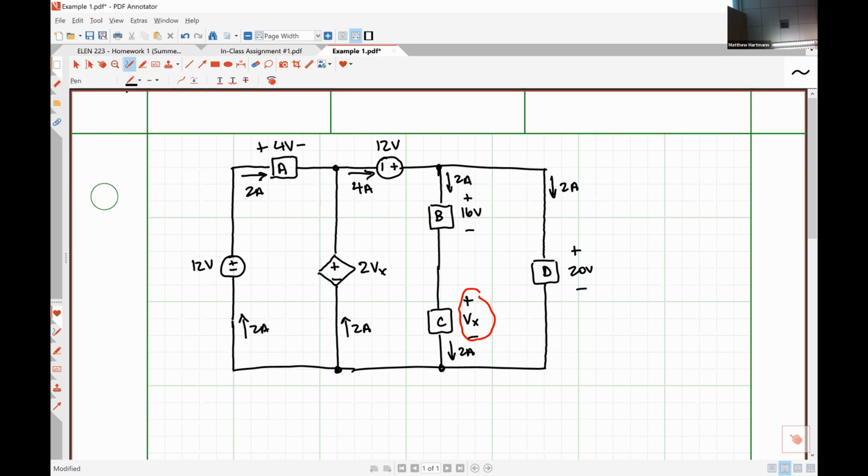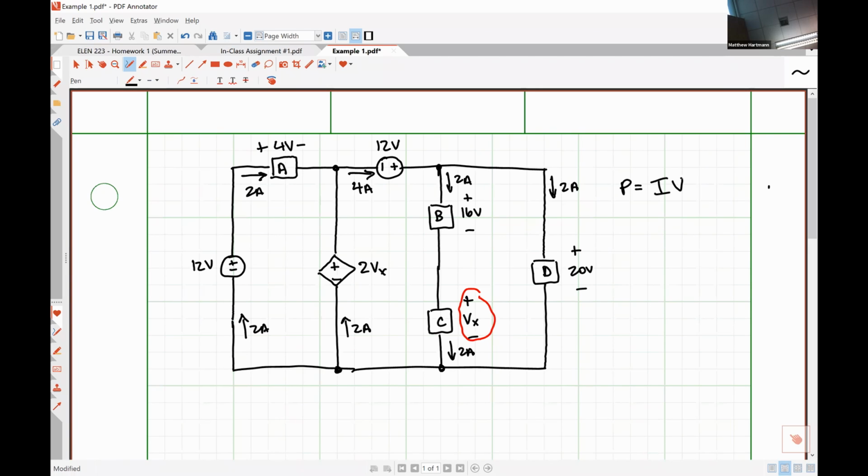So the power is by definition I times V, right? Because we want absorbed power, what we're specifically going to be looking for is what current is flowing into the positive polarity terminal of each element.